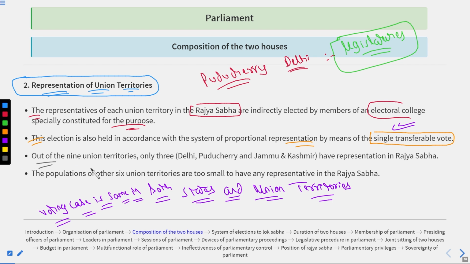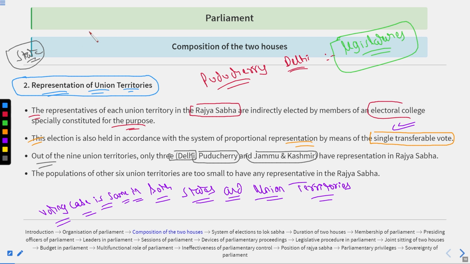Out of the 9 union territories, only Delhi, Puducherry, and Jammu and Kashmir, which has now become a state, have representation in the Rajya Sabha. Okay, remember this, Jammu and Kashmir is now a state. The population of the other 6 union territories is too small to provide any representative in the Rajya Sabha. Why?